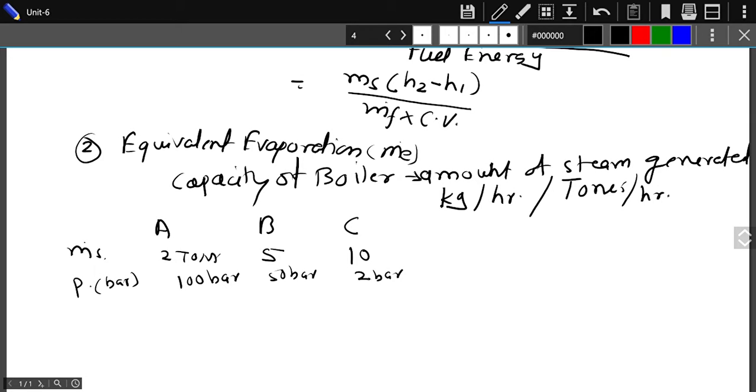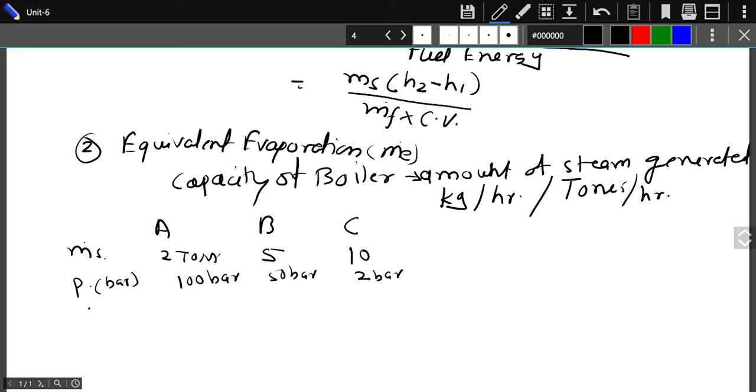Now you can't say, because the pressure of the steam is different. You can't judge by using the simple term, that is, mass of steam generated.